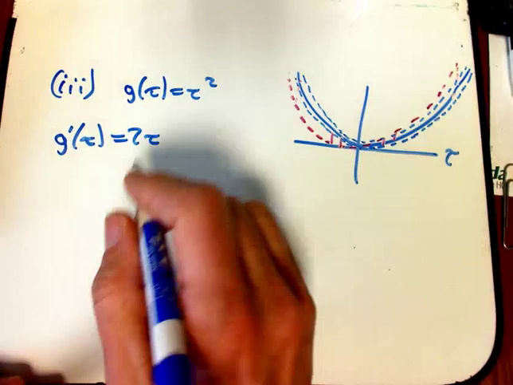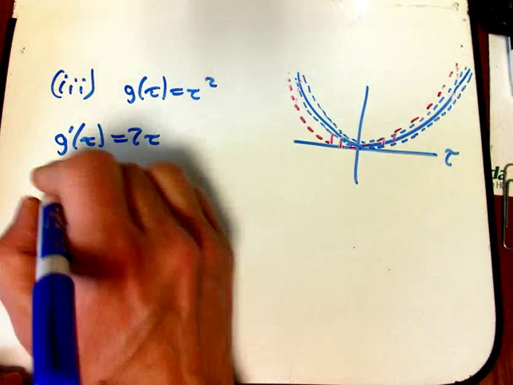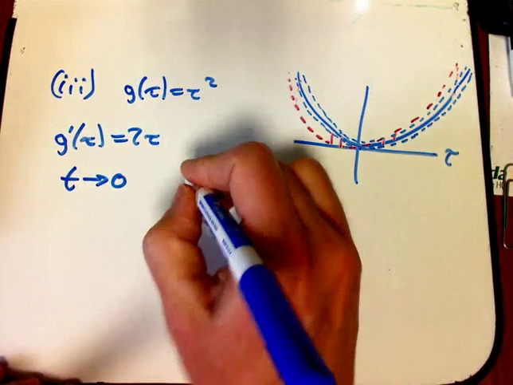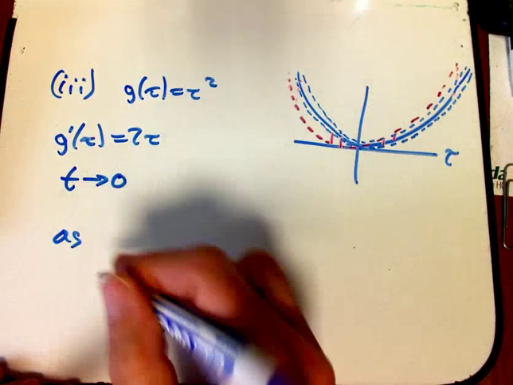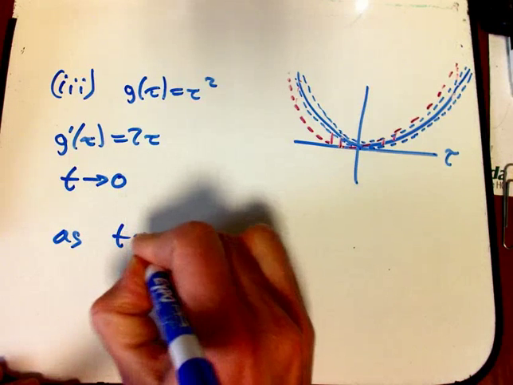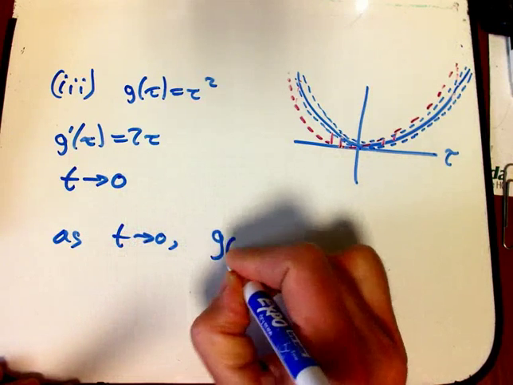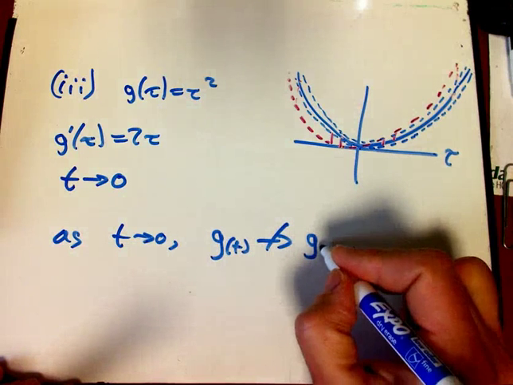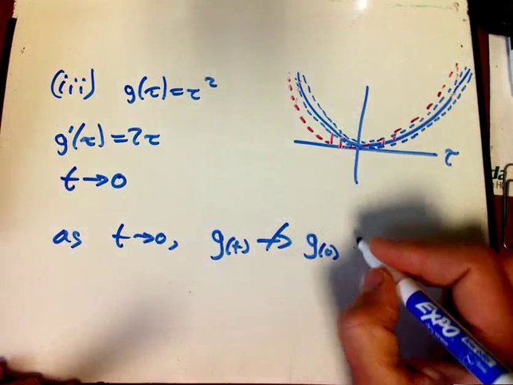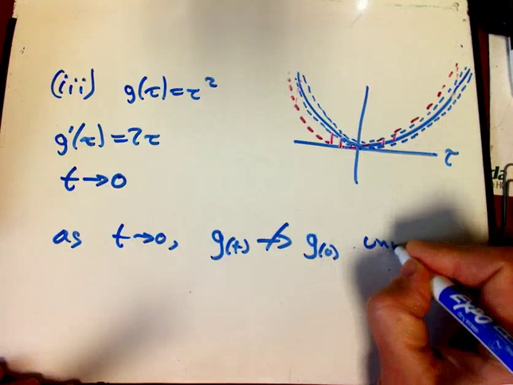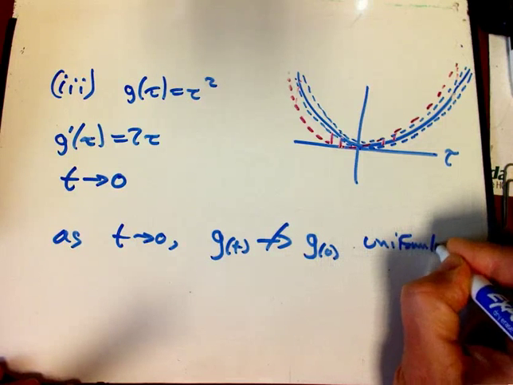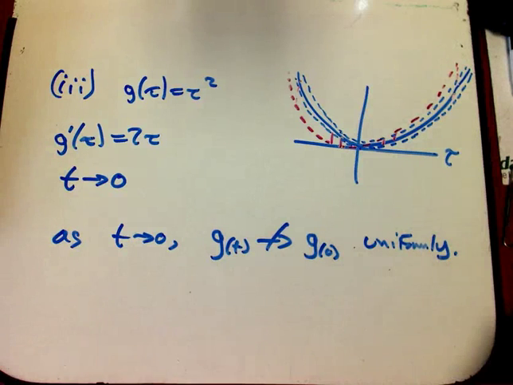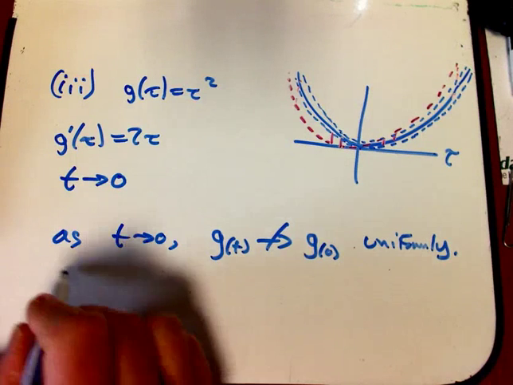Okay, so what we're going to do is, remember, t is going to go to 0. Here's what we want to show. It's in the handout. As t goes to 0, we want to show that this g translated does not go to g itself, which is just g untranslated, g sub 0, uniformly. Let's see what we should do.